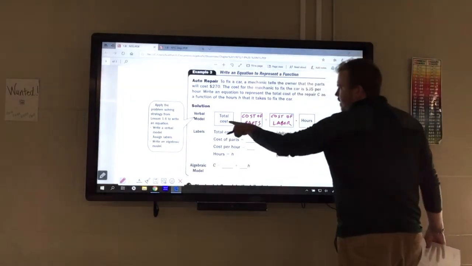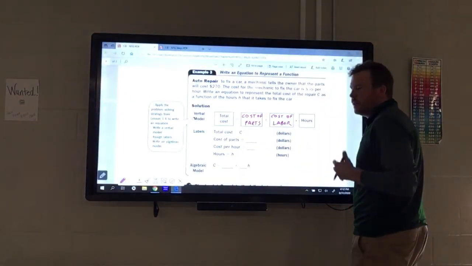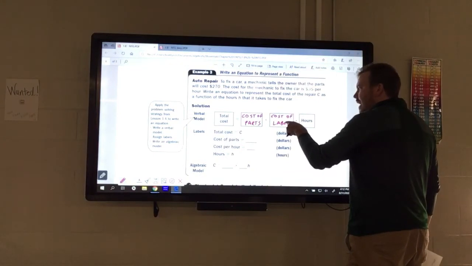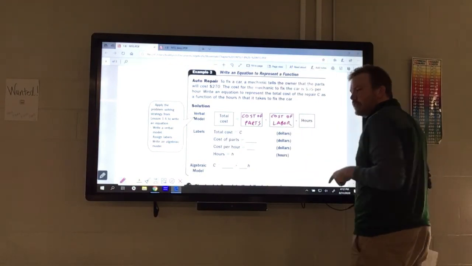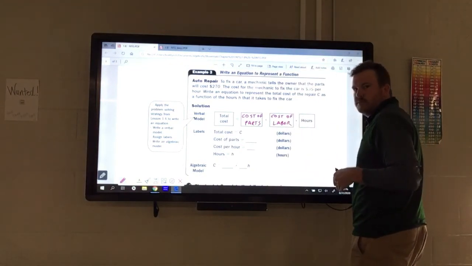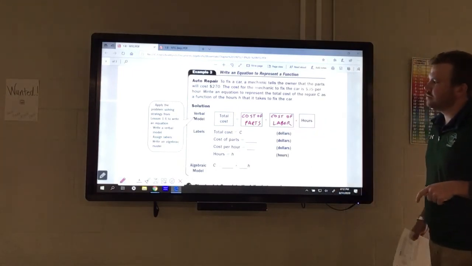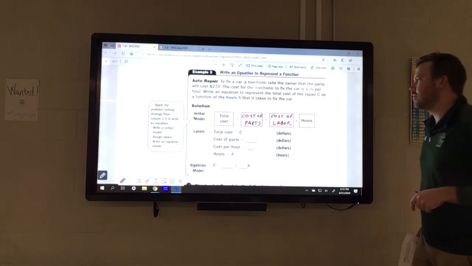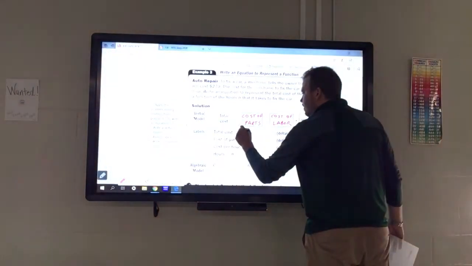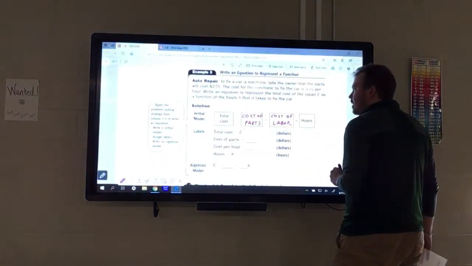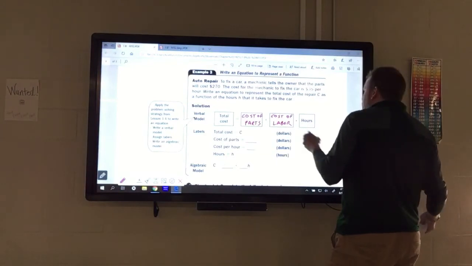The total cost is equal to the cost of the parts plus the cost of the labor times how much time they spend on the labor. All right, so cost of labor times the amount of hours. Let's assign some variables. Our total cost will be C. The cost of the parts, well, we already know that.